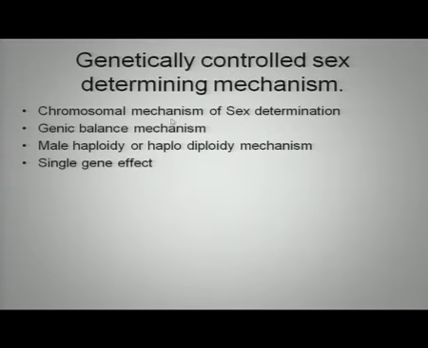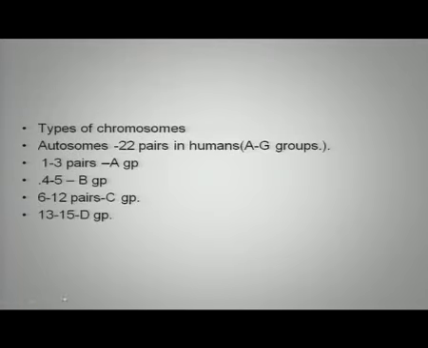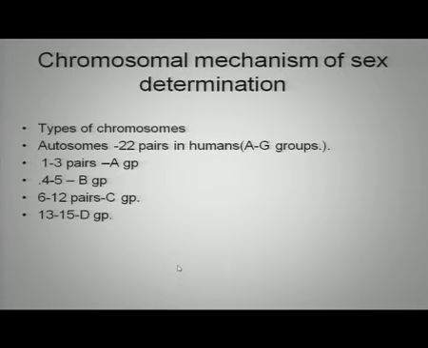Chromosomal mechanism of sex determination, genic balance mechanism of sex determination, male haploidy or haplodiploidy mechanism of sex determination, and single gene effect. We have to learn about the chromosomal mechanism of sex determination here in detail.